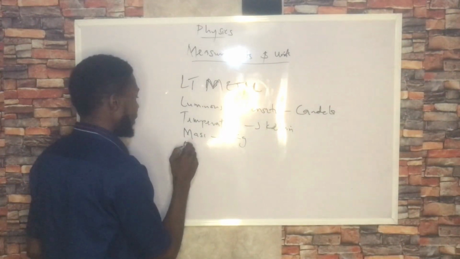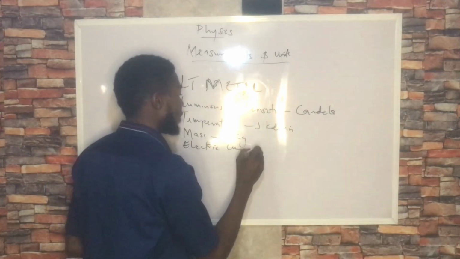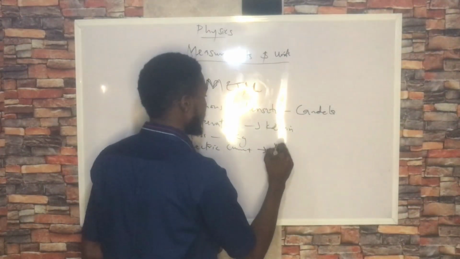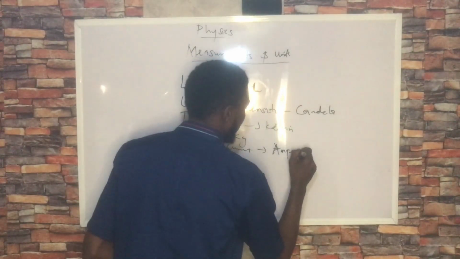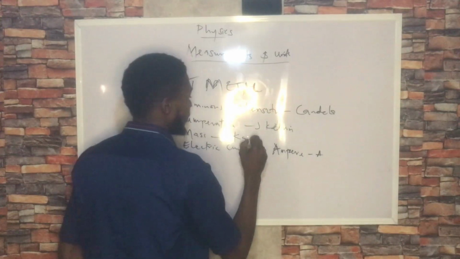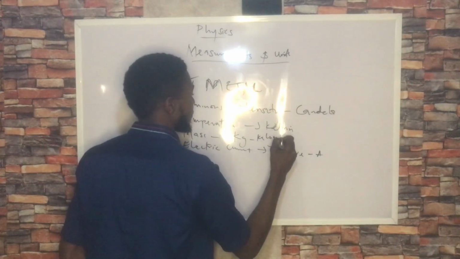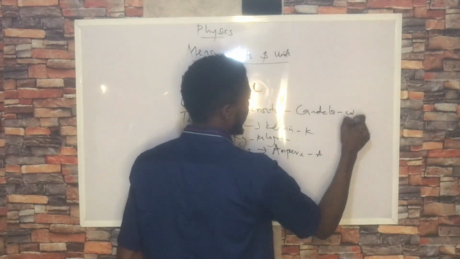For electric current, which is a very crucial quantity, we use the ampere. Symbolically, we have something like A. This one is kilogram, kg. Kelvin, and this is cd.